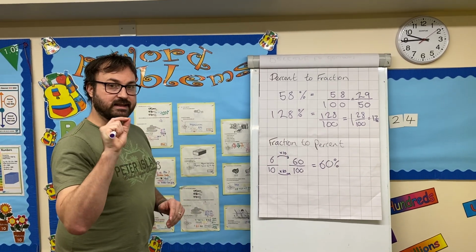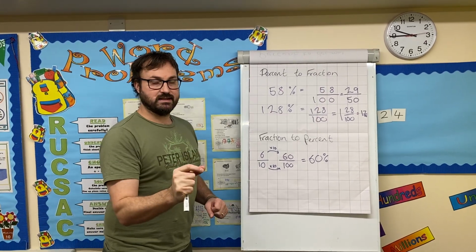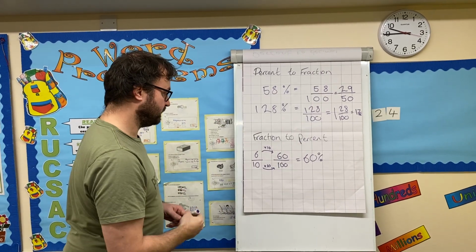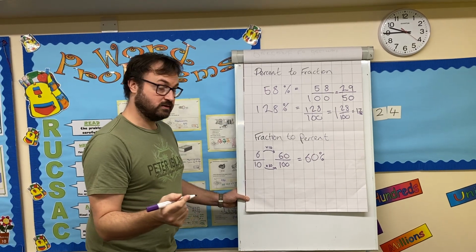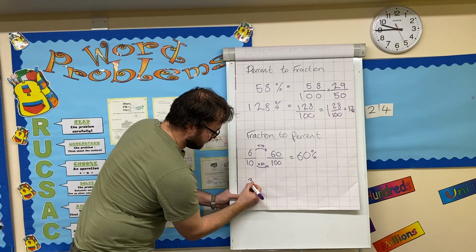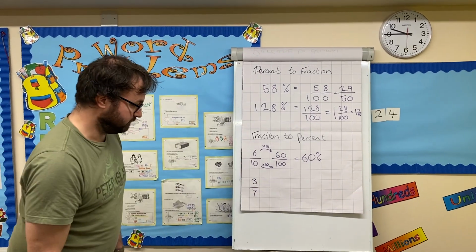I think the hardest thing comes if you're trying to change a fraction to a percent where you can't convert the denominator into 100. For example, what if we had something like 3/7?